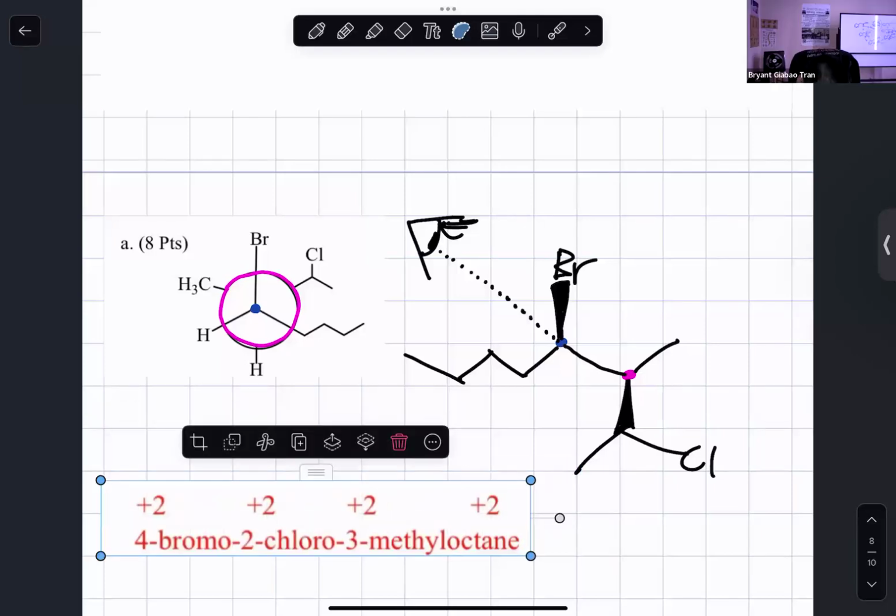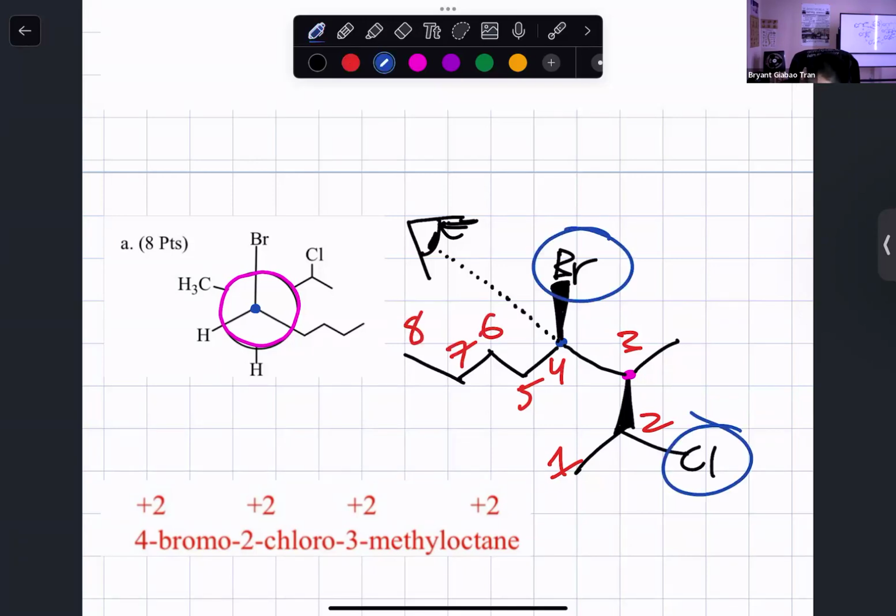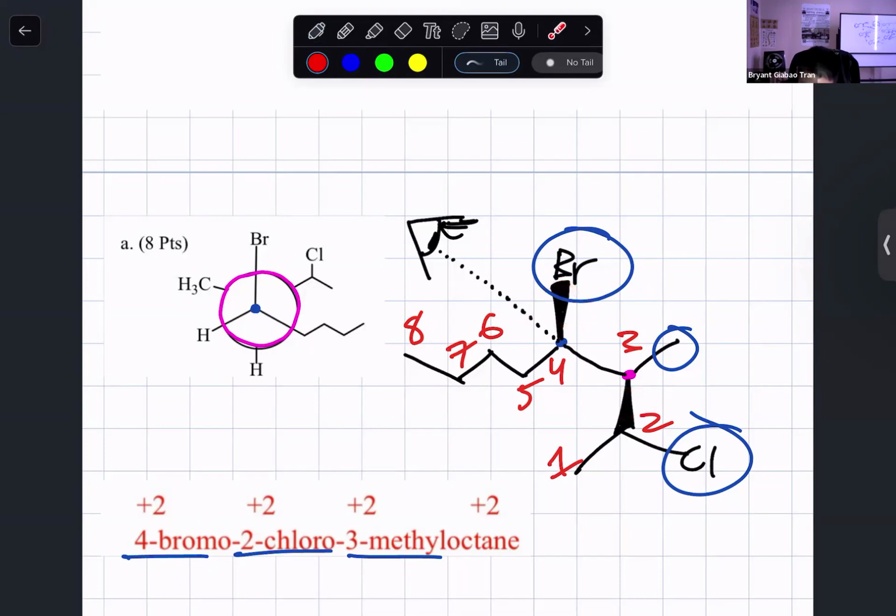So their longest chain is 1, 2, 3, 4, 5, 6, 7. Oh wait, no, I'm missing a carbon. 1, 2, 3, 4, 5, 6, 7, 8, and our substituents are on carbons 2, 4, and 3. Wait, we have a 4-bromo, 2-chloro, 3-methyl octane. So the stereochemistry here did not matter. They didn't do R/S. So you could have just put this as a flat line if you wanted to for this exam.